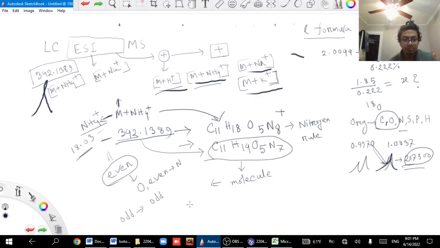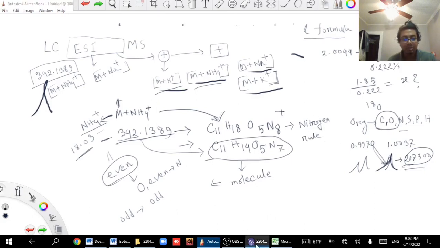Okay, so what we got here, you can see C11H18O5N8. This formula consists of an even number of nitrogen here. So we can consider this one because it follows the nitrogen rule.